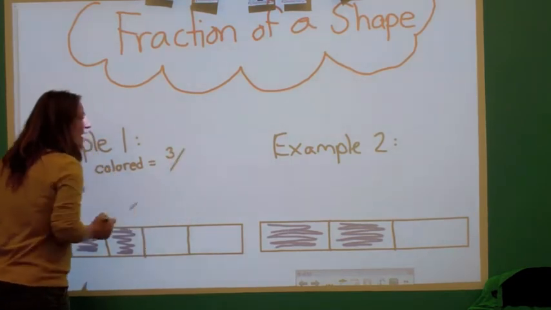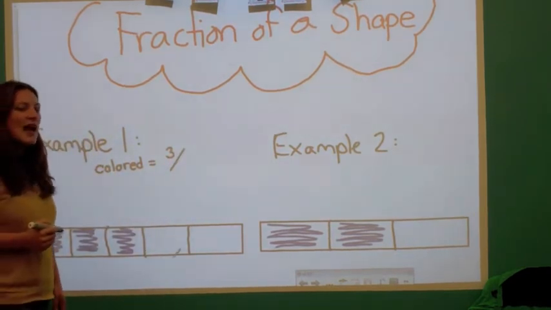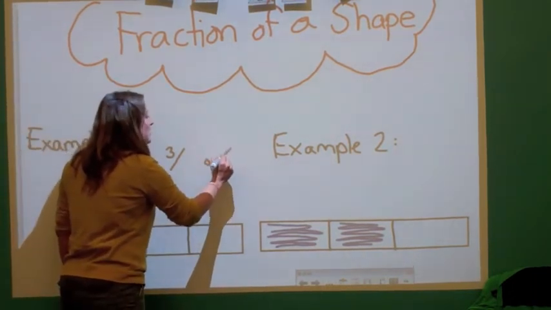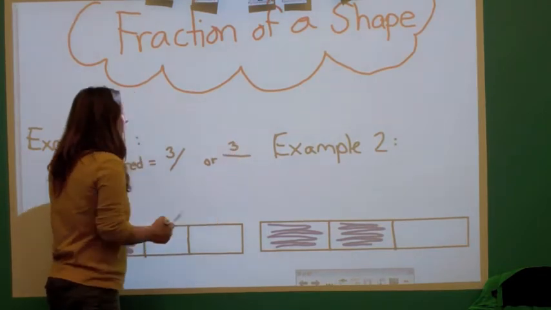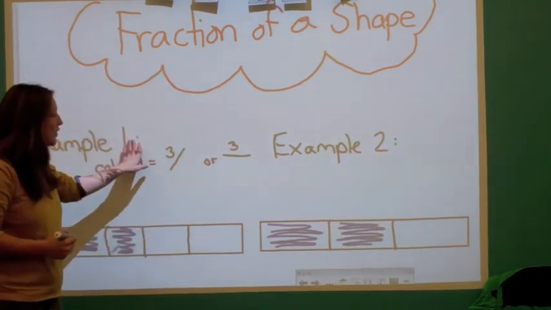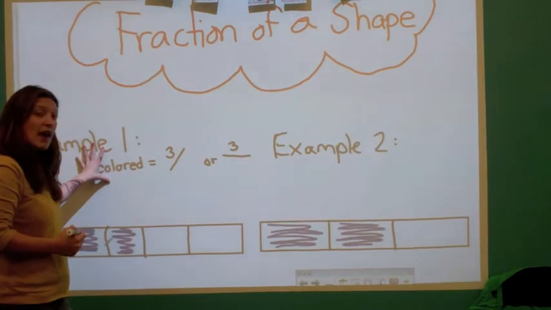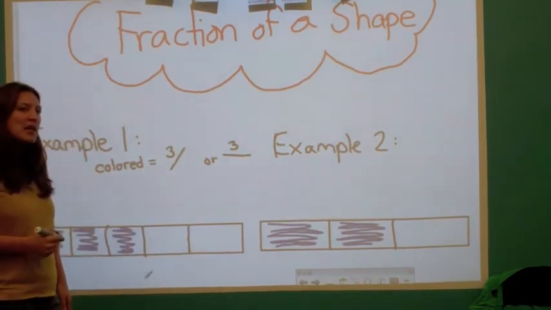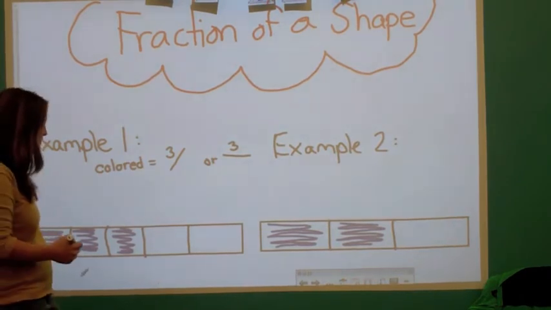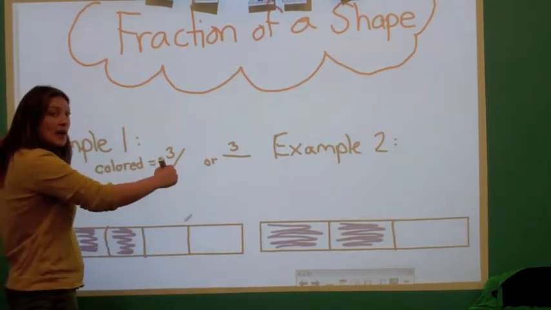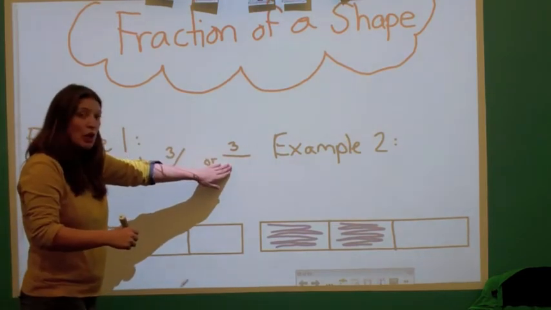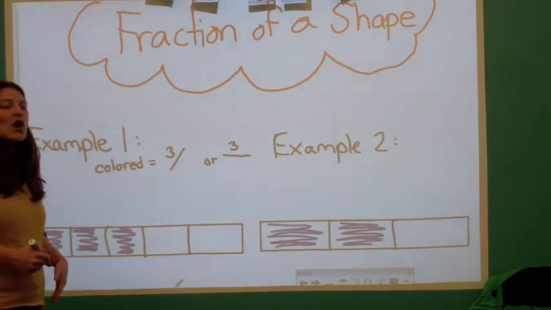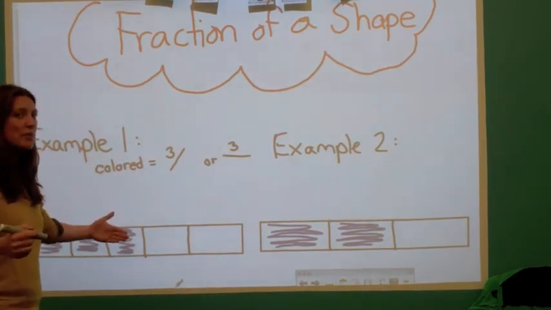Then I'm going to put my fraction line. And sometimes you'll see a diagonal fraction line, or you'll see a horizontal fraction line. But either way, the first number, either the number to the left of the fraction line or the number on top, is going to tell you how many pieces we counted, and then the number to the right of the diagonal line, or below, the denominator, is going to tell us how many pieces that whole thing was broken up into.